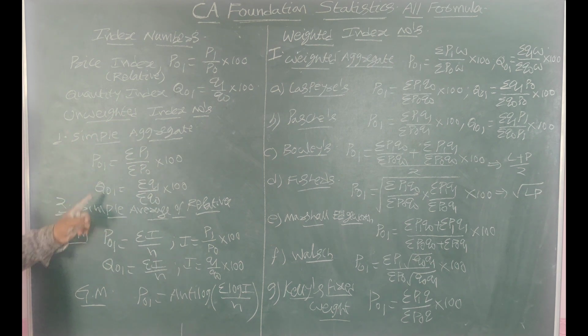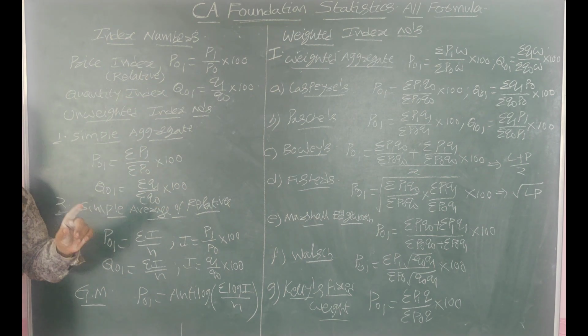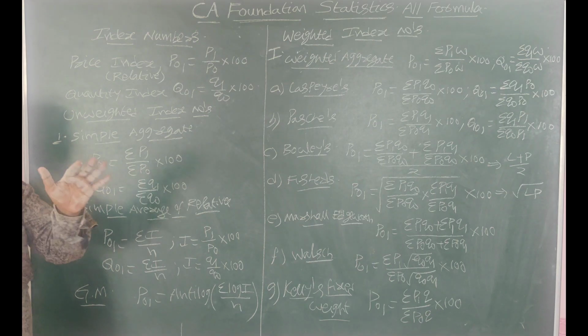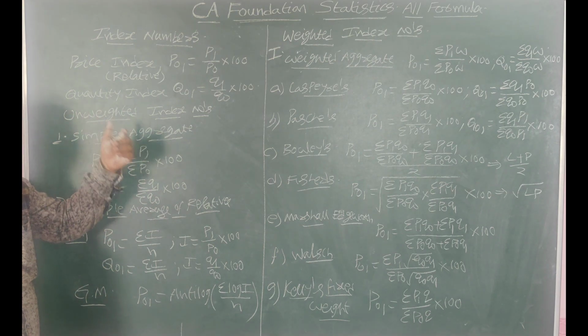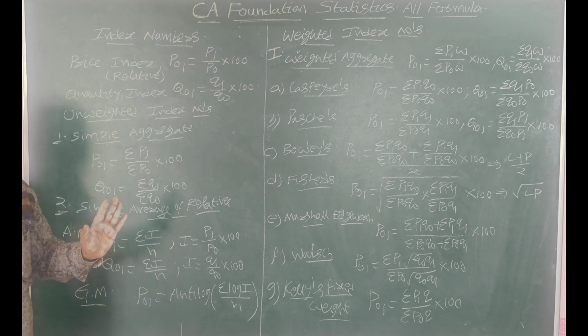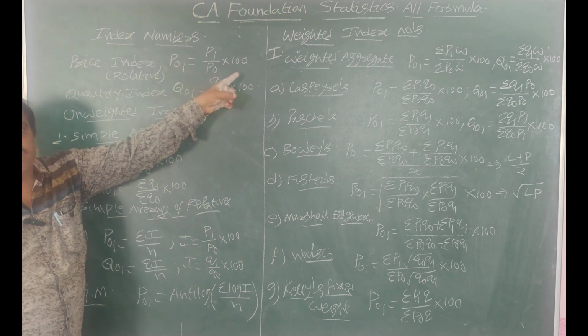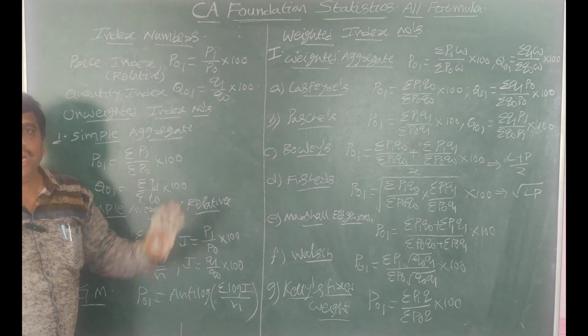Similarly, in unweighted index numbers, simple average of relatives is the next method, where relative, as we have already discussed, means computing the index for a single commodity separately. That is also denoted by I. Relative is denoted by P if it is price, Q if it is quantity, or simply I. Here I means P1 by P0 into 100 for price, and for quantity, I equals Q1 by Q0 into 100.